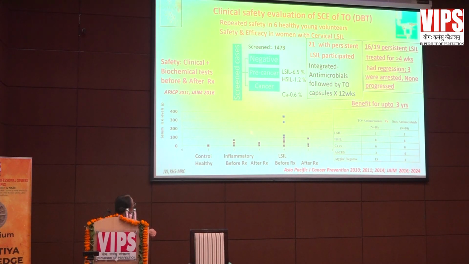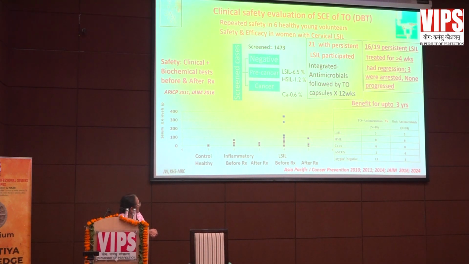We also did serum cytokine levels, that is interleukin 6. These are certain biochemical markers of early carcinogenesis or inflammation. And we showed that this was also reduced after treatment.